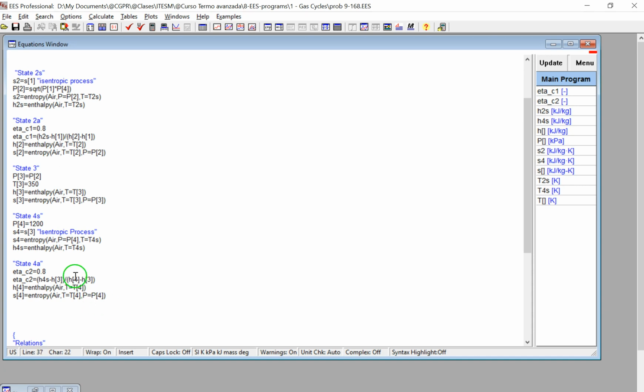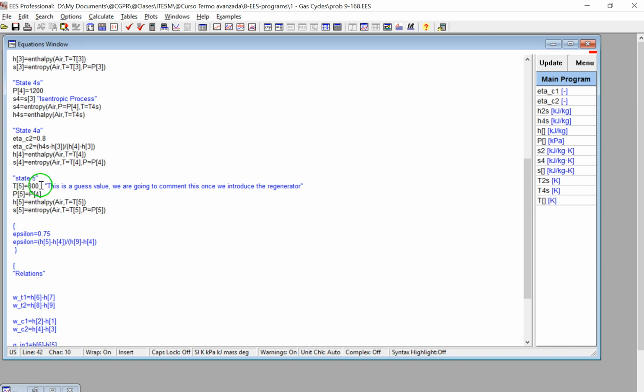We know temperature 5 should be higher than temperature 4, but lower than temperature 6 after the combustion. So we're going to choose any value in the middle, and we're going to use it just to compute H5. Later on, we're going to delete that, introduce the effectiveness equation, and that will close our system of equations.